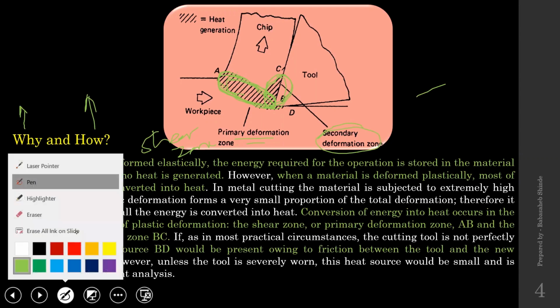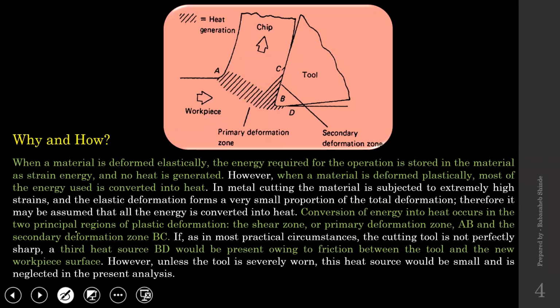In addition to those two, the third zone BD is a small zone, and this zone comes into picture when the cutting edge of the cutting tool has worn out slightly. When this cutting edge wears out slightly, some portion of the finished workpiece over here starts coming in contact with the cutting tool.